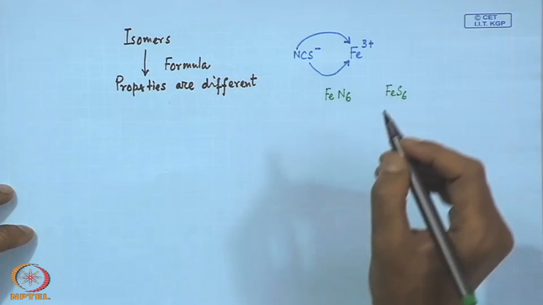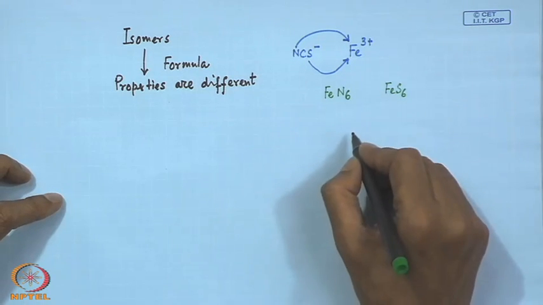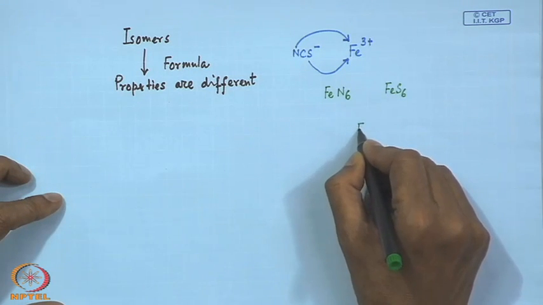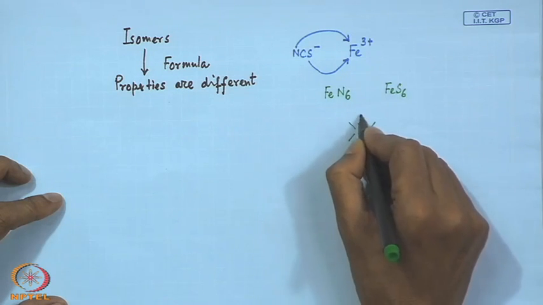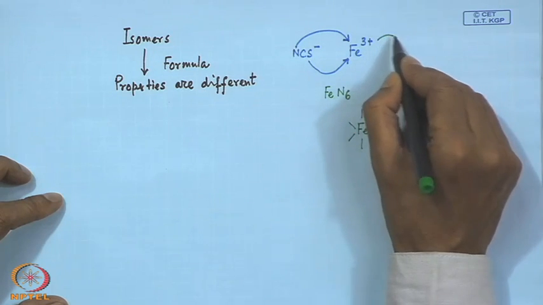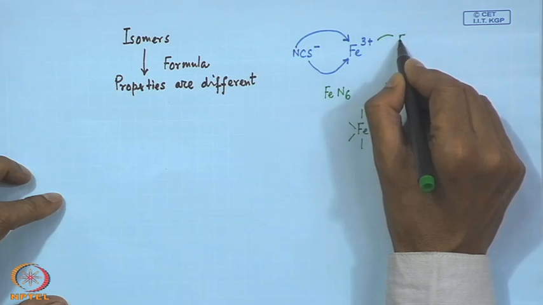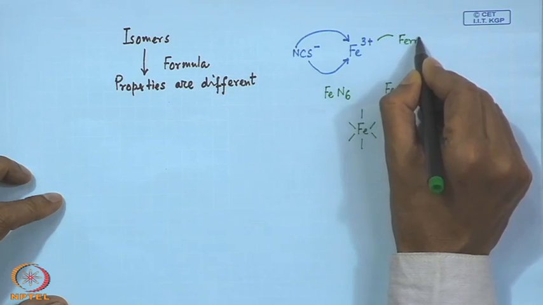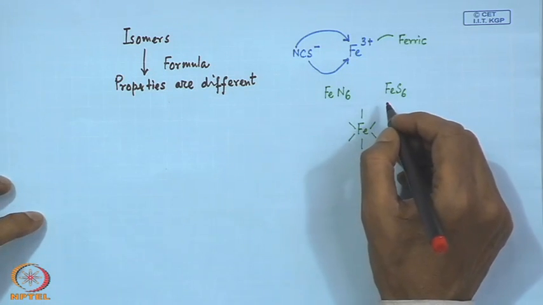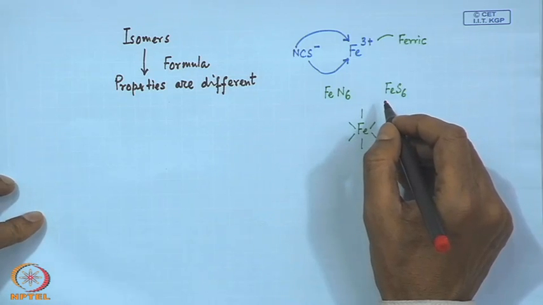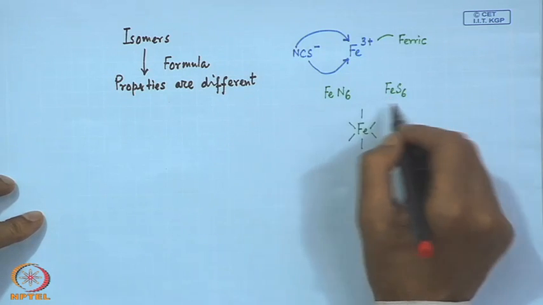So, this is a very different type of environment compared to what we all know for the ferric center, this is the ferric ion, the trivalent state. The ferric site has a strong affinity to bind to the thiocyanate anion, and it will also have some preference for nitrogen coordination over sulfur coordination.